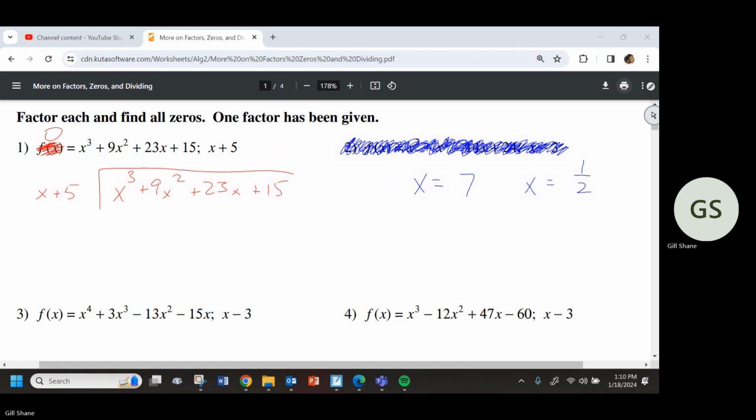So what I did is, I factored up here too.